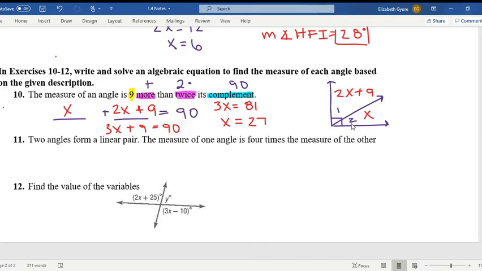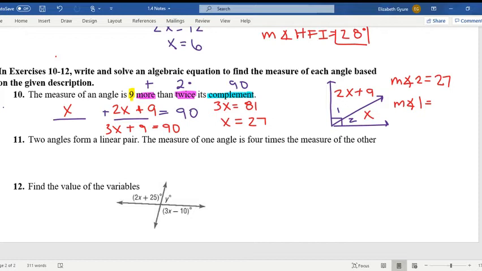But in this one, I'm going to say that the measure of angle 2 is 27 degrees because that's how I have it labeled in my picture. And then measure of angle 1 is going to be 2 times it, plus 9. Or you could just take 90 minus 27, whatever you prefer for that.